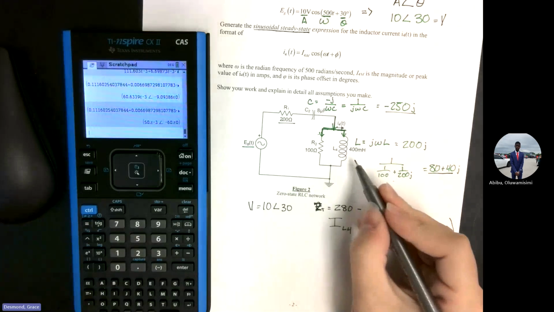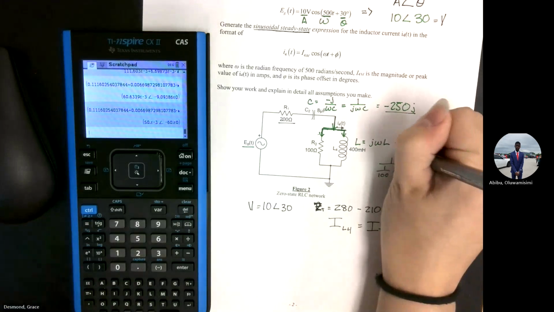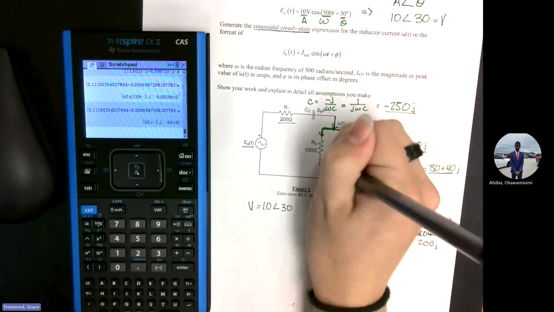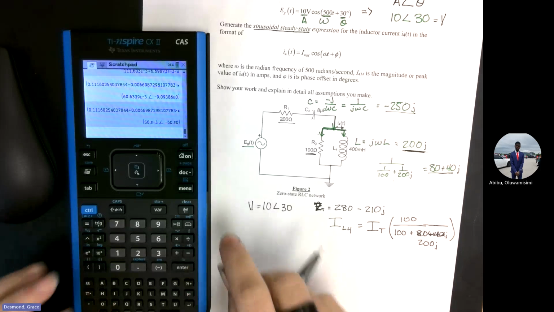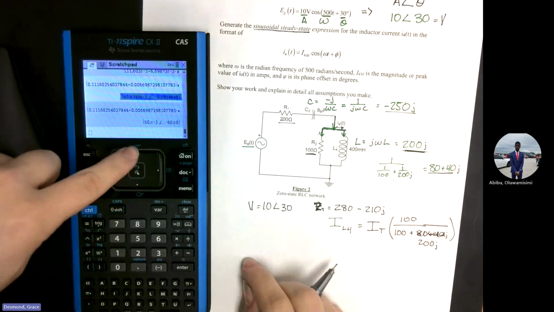Because this inductor impedance, yes. We're doing this value plus this value for the total current. So we used, oh, I didn't write it down. That's on me. It's in my calculator.